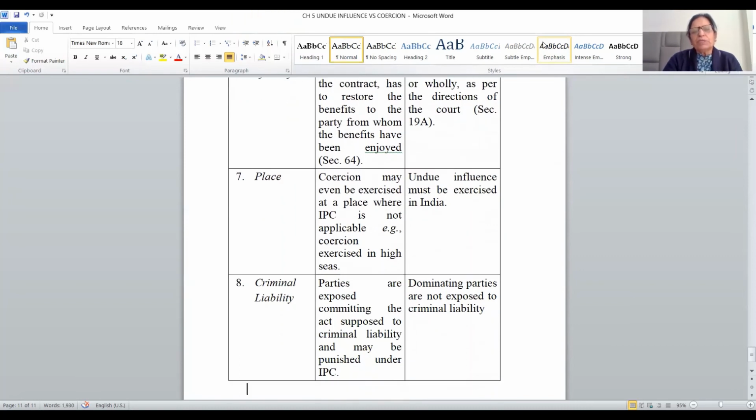Parties committing the act are exposed to criminal liability. Coercion is a crime. If parties commit crime, then in that case, the parties are exposed to criminal liability. They may be punished under the IPC, Indian Penal Code. And the dominating party is not exposed to criminal liability in case of undue influence.